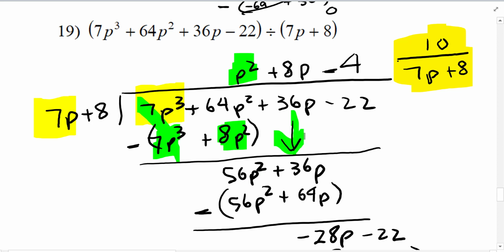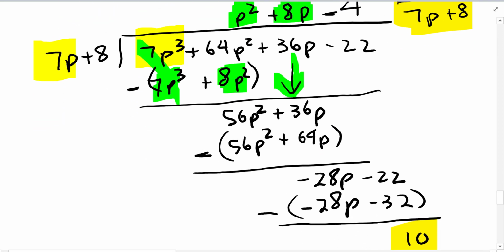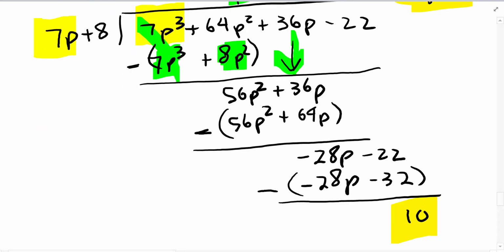You ask yourself, how many times does 7p go into 56p squared? 8p times 7p is 56p squared. And 8p times 8 is 64p, and then we're going to subtract.